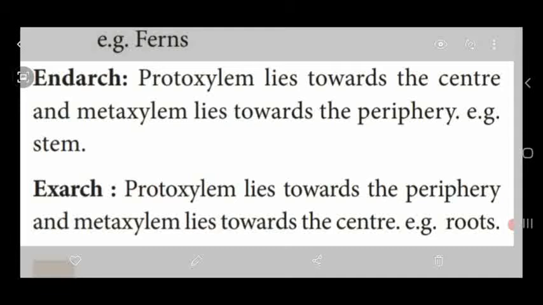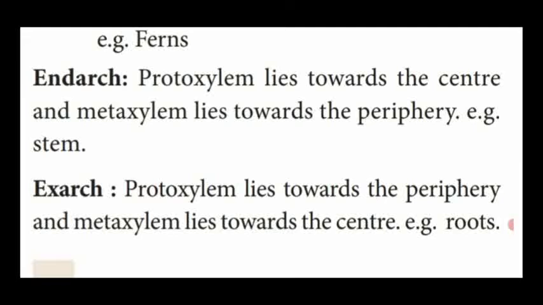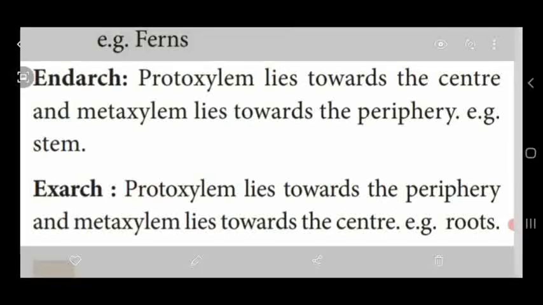Depending upon the size of the xylem components, the xylem is divided into protoxylem and metaxylem. Proto means smaller size. Meta means larger size. Here, the protoxylem lies towards the periphery, that is the margin.